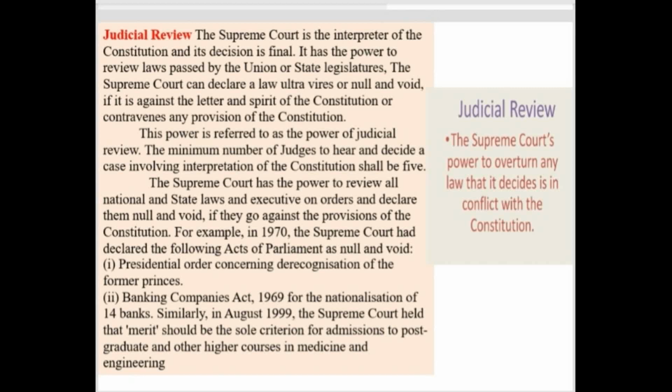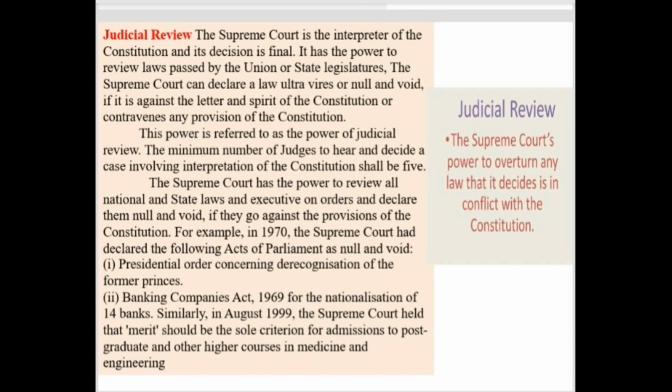And once it feels that the law made by the legislative body is going against the spirit of constitution, then the Supreme Court can declare such laws as ultra vires. That means it has gone against its limitation of making law. Suppose Parliament made a law and it is unconstitutional, now Supreme Court calls it ultra vires.